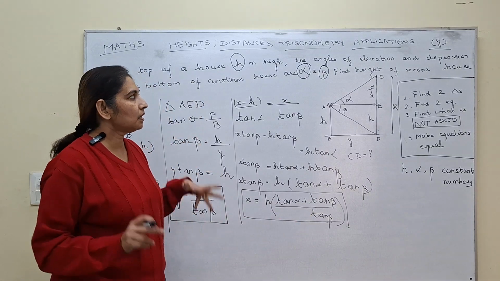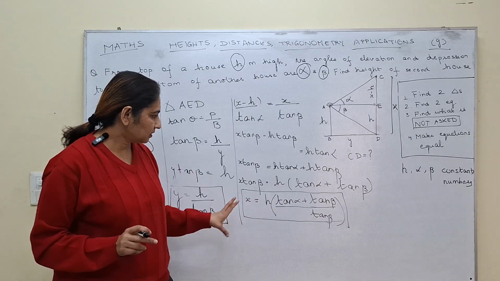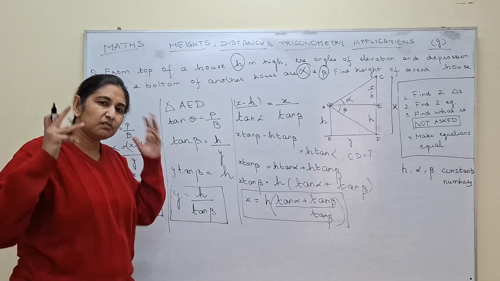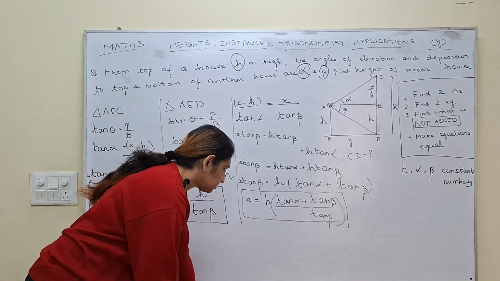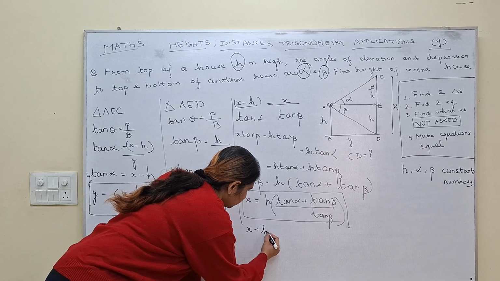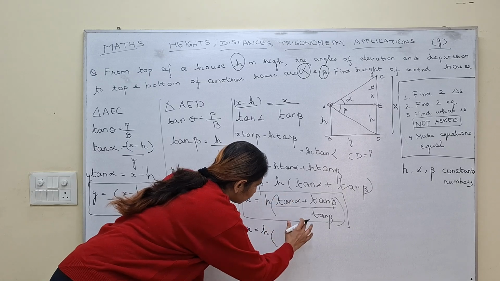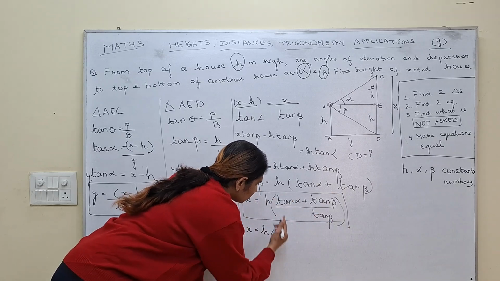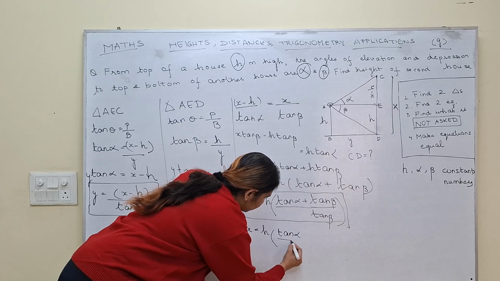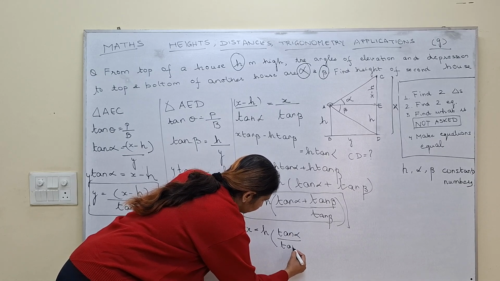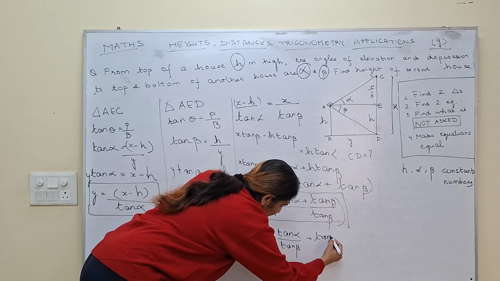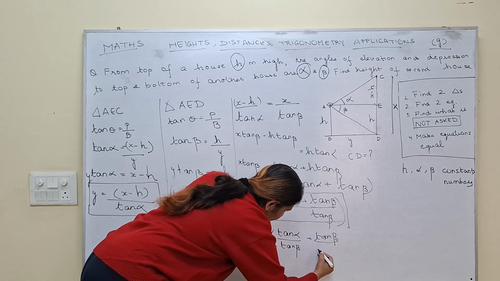Now in certain books, the answer doesn't look like this. It looks a little different. So let's solve till there, just in case. What they do is just one or two more steps. They break this fraction. Can this part be written as tan alpha tan beta plus tan beta upon tan beta?